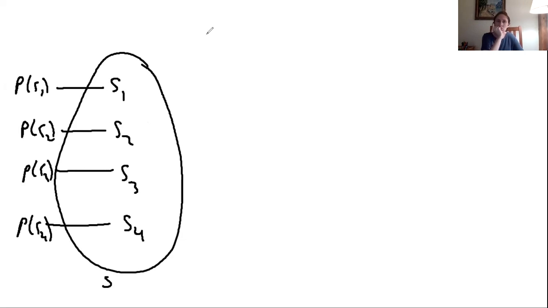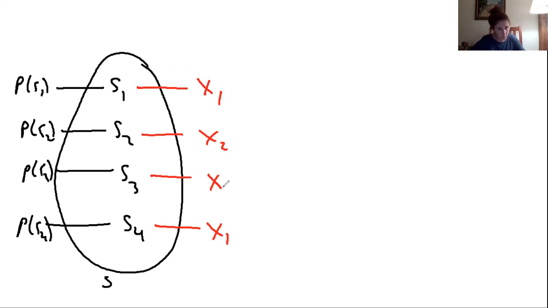Now imagine that when I apply x, it labels this as x1, this is labeled as x1, and then maybe this is labeled as x2, and this is labeled as x3.